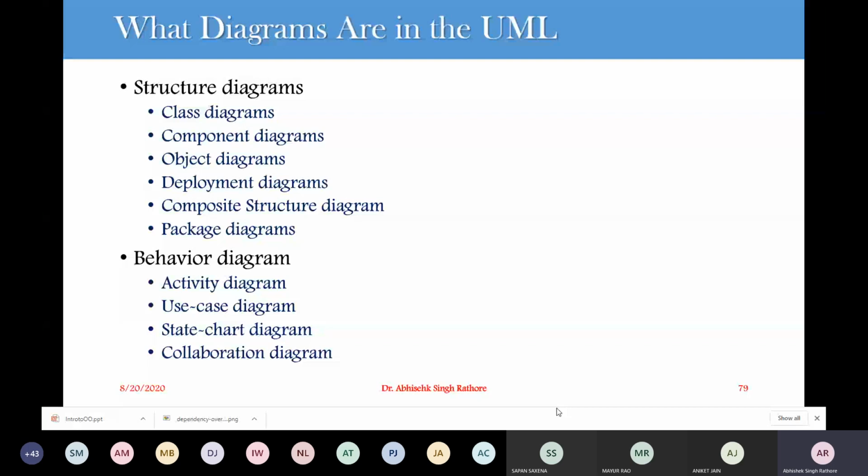They represent the static things that exist in our system, their structure and their relationships. They are typically used to depict the logical and physical design of the system. So again, consider that this represents the static things of your system, their structure and their interrelationships. We are not going for the dynamics.